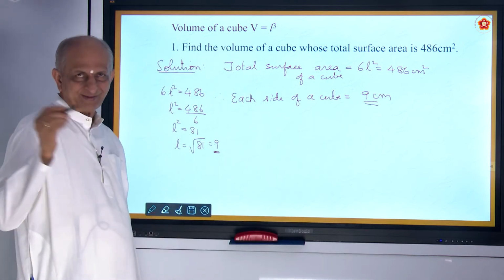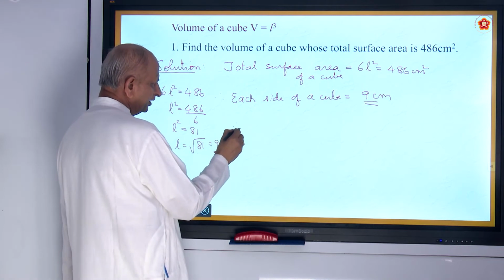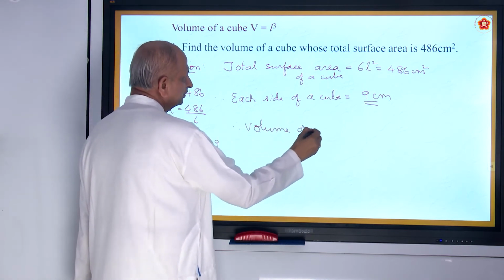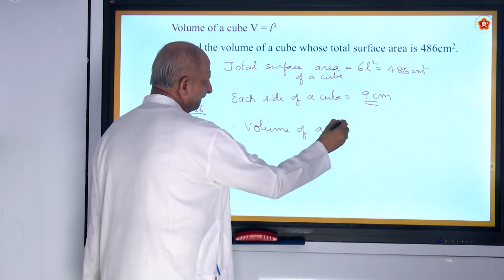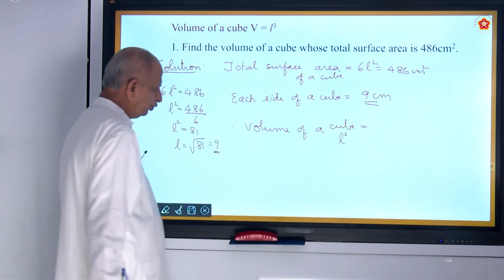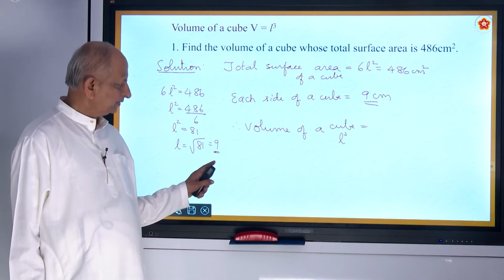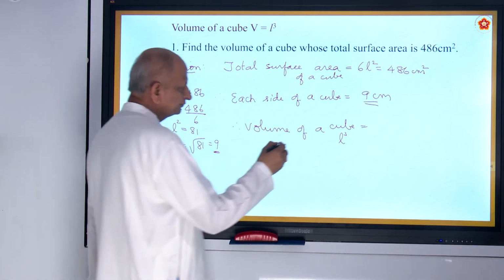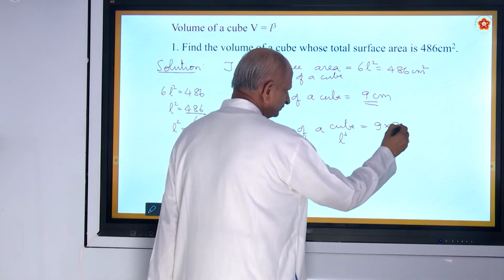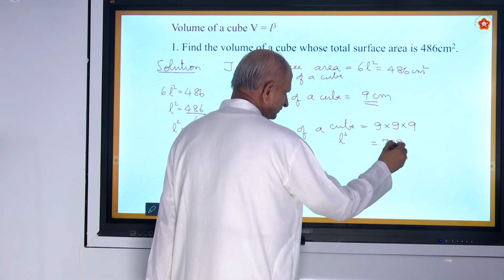Now it is not over. Still one more step is there. What is that? Therefore, volume of a cube. What is the formula? L cube. How much you find out L? 9. So cube of that is 9 into 9, that is 729.